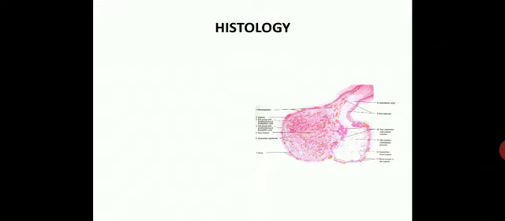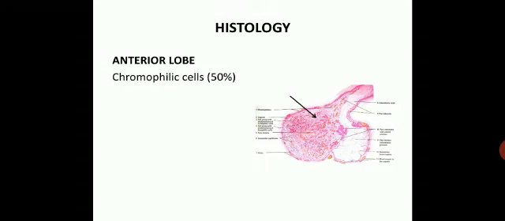The histological features: in the anterior lobe, there are two types of cells. The chromophil cells, which have affinity towards the stain, and the chromophobe cells. Both chromophil cells and chromophobe cells constitute about 50% each. Again, in the chromophil cells, we have two different cells, that is acidophils and basophils.